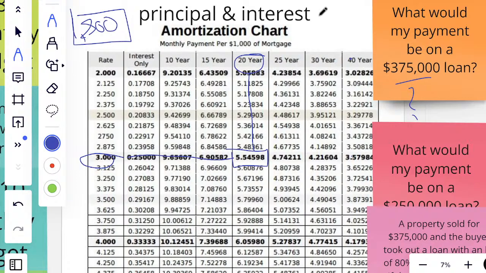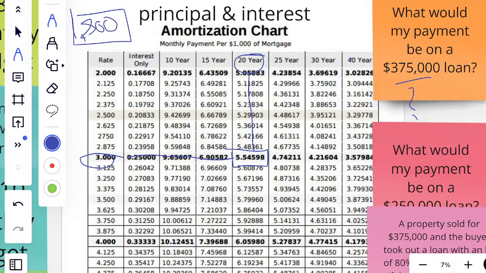I want to know, what do you think would be our first step in a question like this, where I give you a monthly budget?